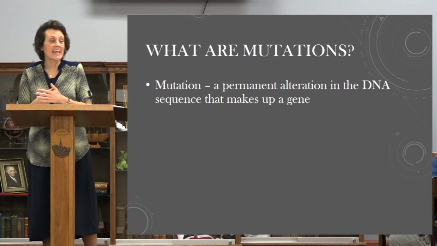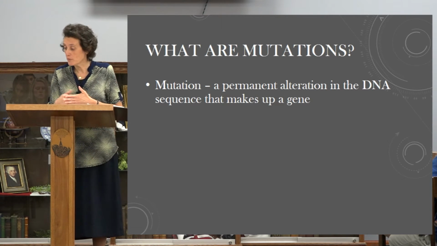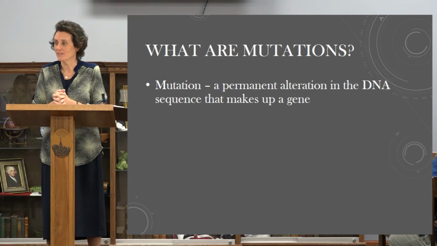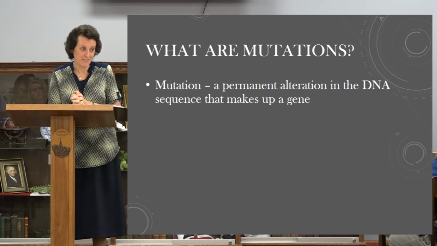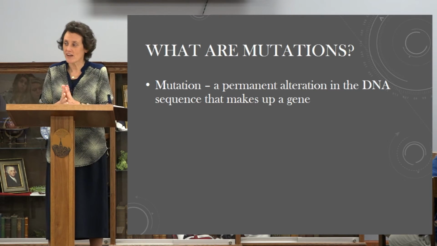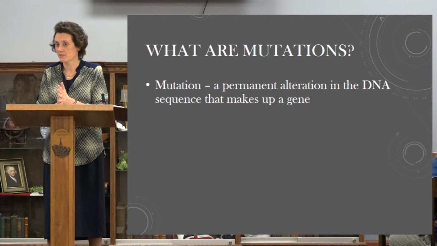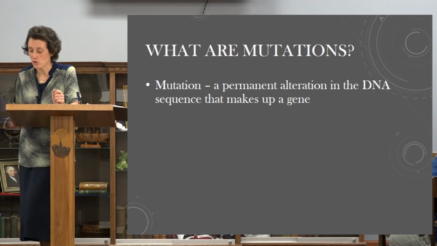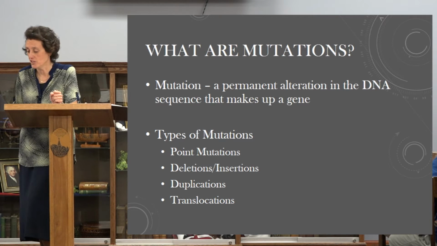So a mutation is any time we have a permanent alteration in the DNA sequence that makes up a gene. I said permanent alteration. That's because your DNA can actually repair itself. So some mutations are actually repaired before they're even expressed. So a mutation is a permanent alteration in the DNA sequence that makes up a gene.